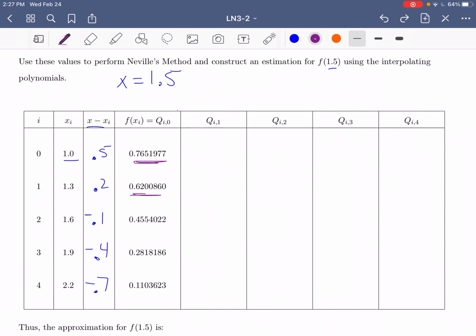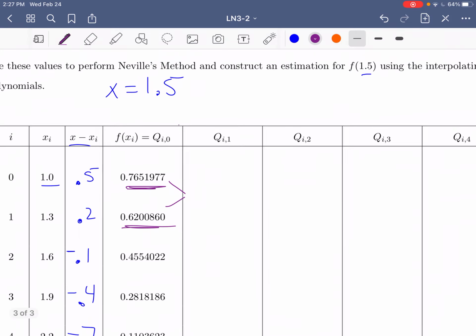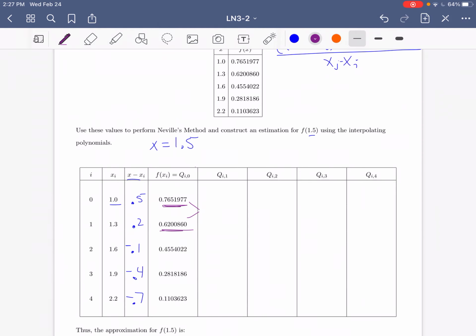So now, if we wanted to use 2 nodes, we're going to generate our new Lagrange polynomial. We're going to take these 2 into account, but in a very special way. We are going to take this 0.5 and multiply it by Q1,0, so we multiply that 0.5 by this value right down here.